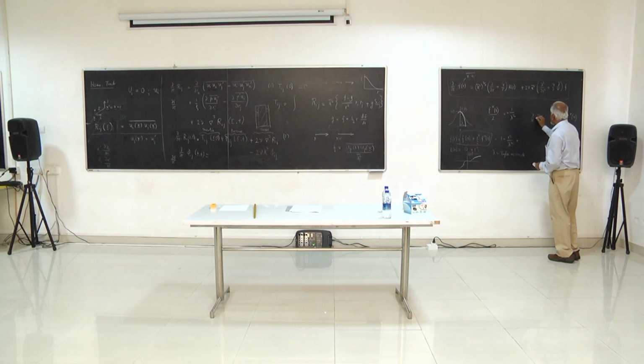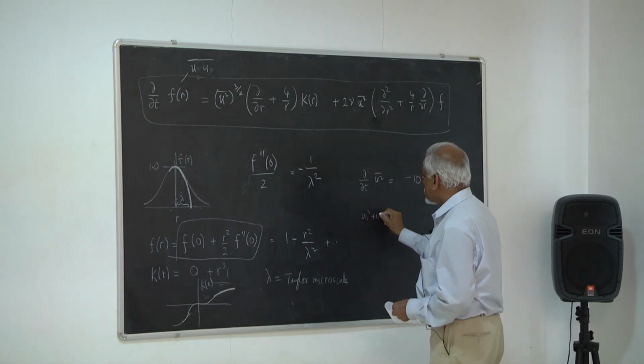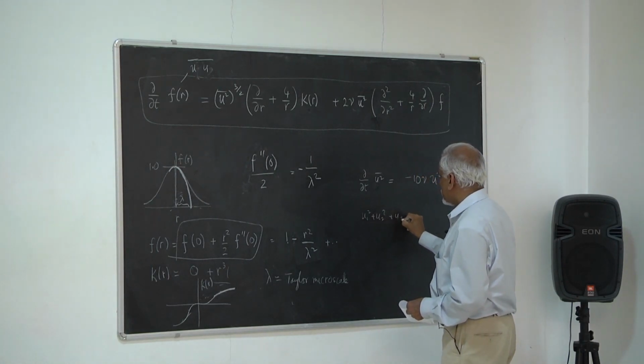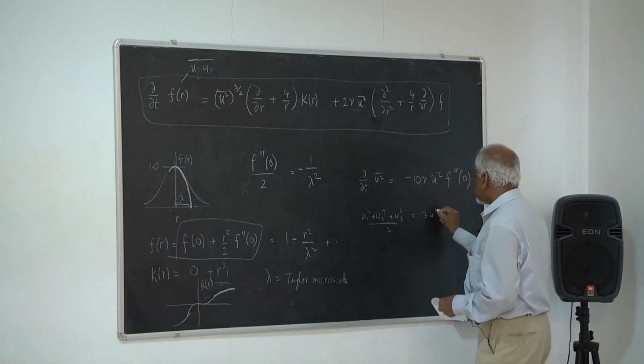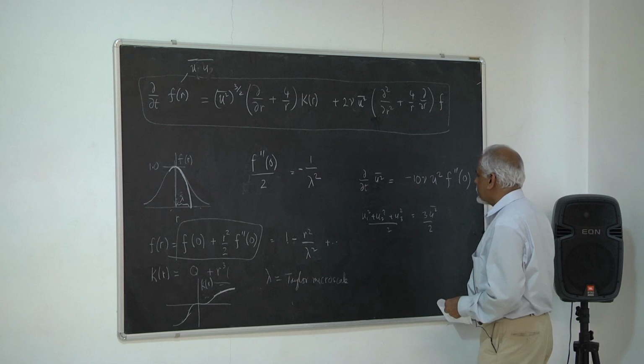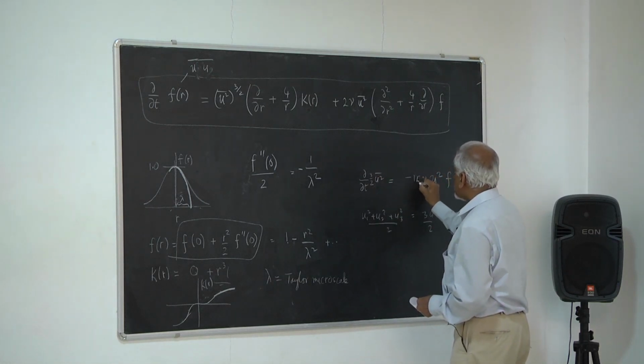And usually you want kinetic energy, which is u1 squared plus u2 squared plus u3 squared, which is equal to 3u squared by 2. So you multiply this by 3 halves, and that becomes minus 15.